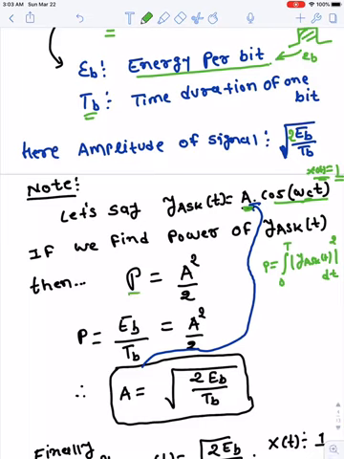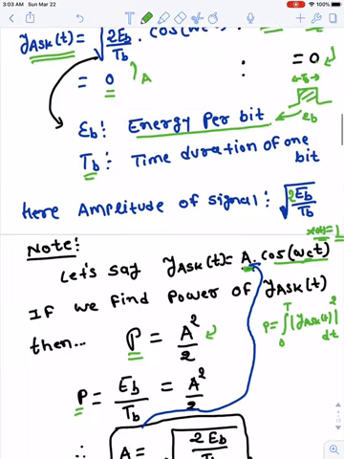So power here is directly proportional to the amplitude square divided by 2. But the power can also be represented as energy per second, that is, the energy for some duration of the signal divided by the time period of the signal.